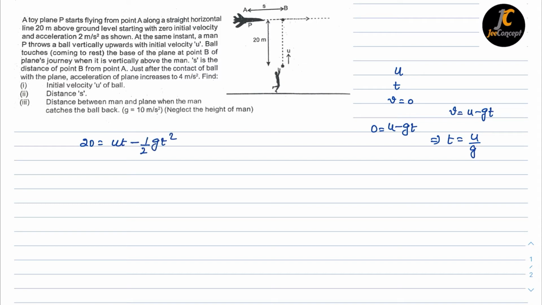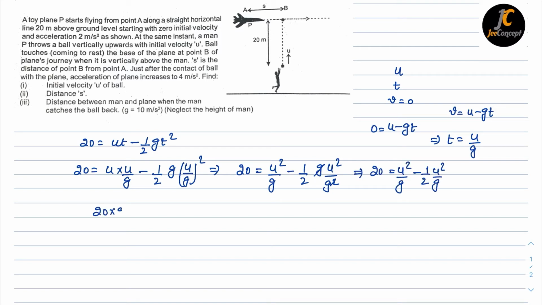If I put the value of t, I will get 20 is equal to u into u by g minus half g into u by g whole square. So it will further become u is equal to under root 400, or 20 meter per second. So this is the solution for the first part.